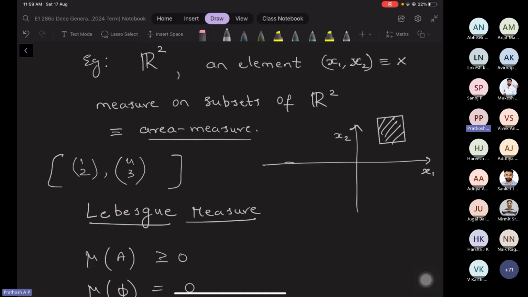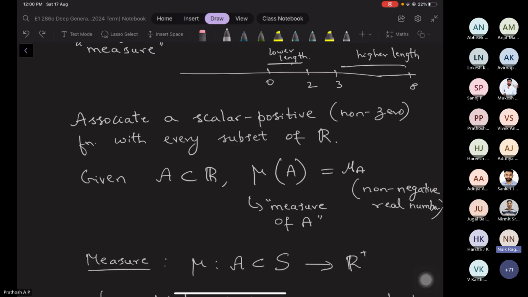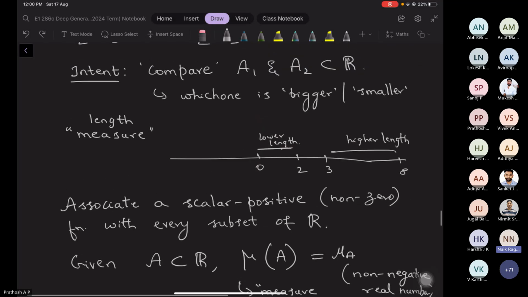This has a non-zero measure. Understand? Yeah, because it defines a rectangle, right? Exactly. And if you go back again to the one-dimensional case, I think even there we can say the same stuff, right? So length is a measure when we define it over a range.